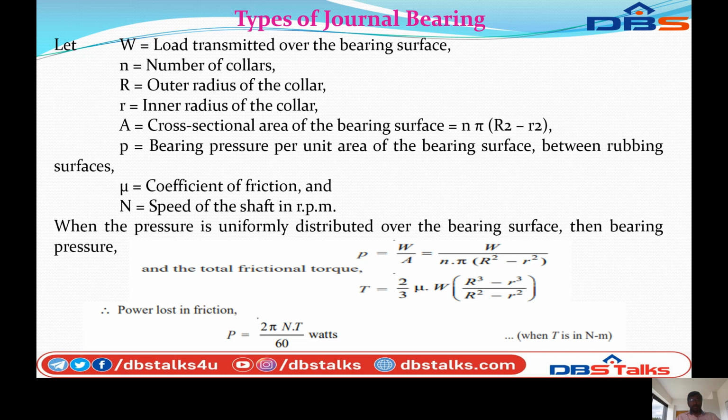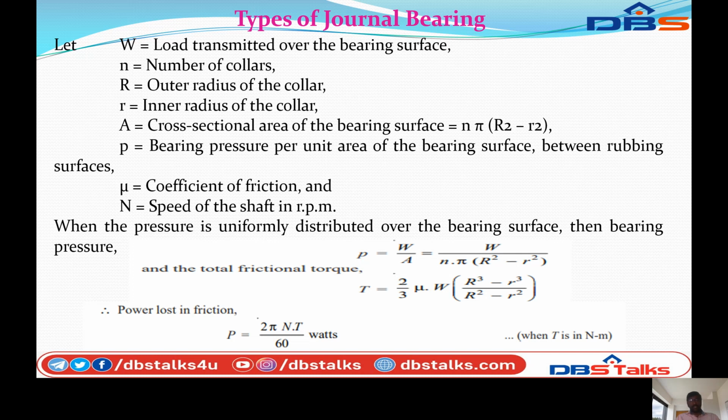P is the bearing pressure per unit area of the bearing surface between rubbing surfaces. Mu equals the coefficient of friction, and capital N equals the speed of the shaft in RPM. When the pressure is uniformly distributed over the bearing surface, then we find the bearing pressure and the total frictional torque.